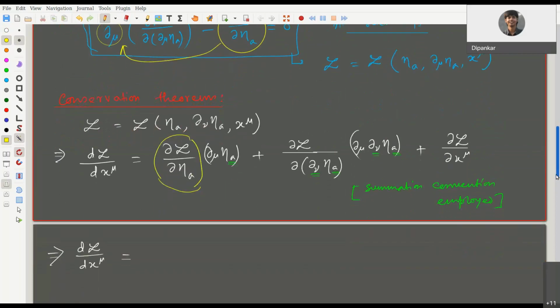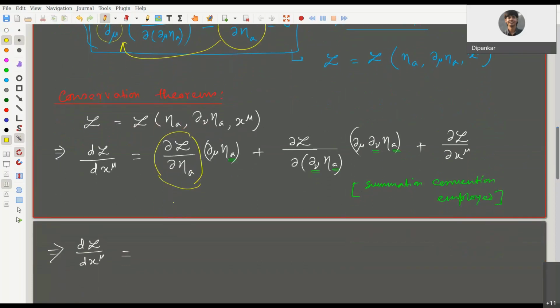So I can write this thing as d dx nu of del L del of del nu eta A. Okay.